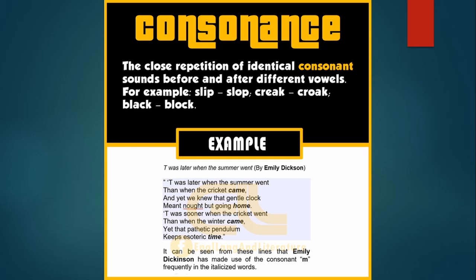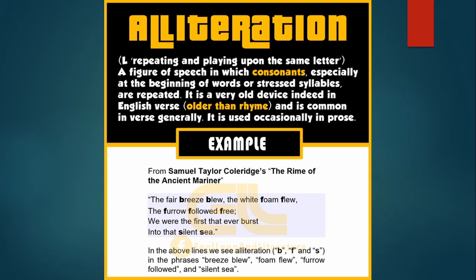So let's continue our discussion and move on to alliteration. Alliteration and consonance are much similar to each other because in consonance there is repetition of consonant sound and in alliteration there is also repetition of consonant sound. But what is the difference here?